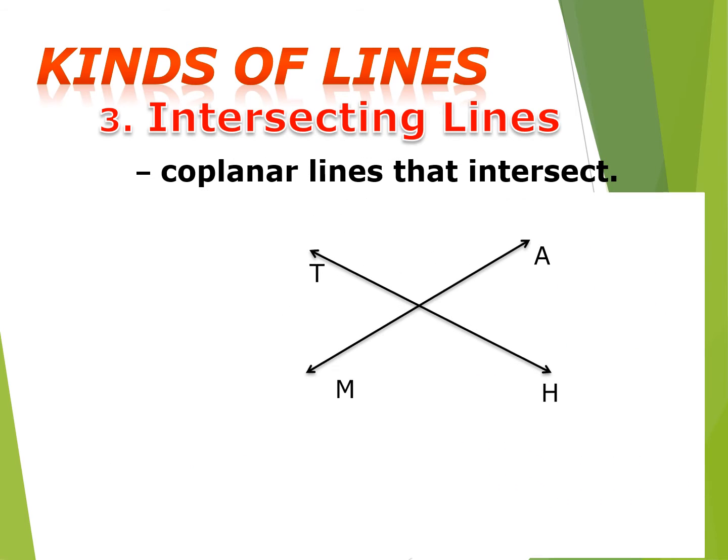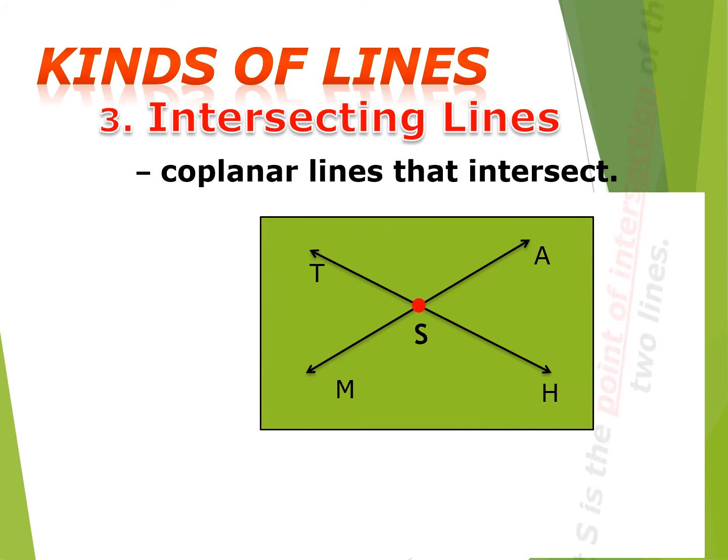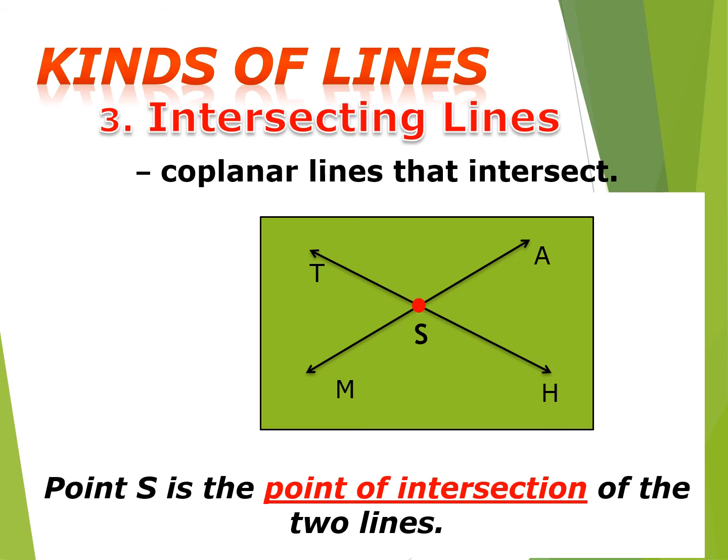In this other case, point S is the point of intersection of the two lines. Line TH intersects with line MA at point S.